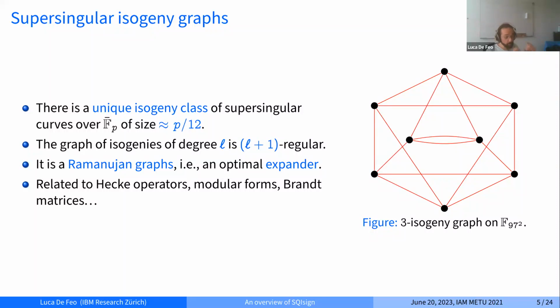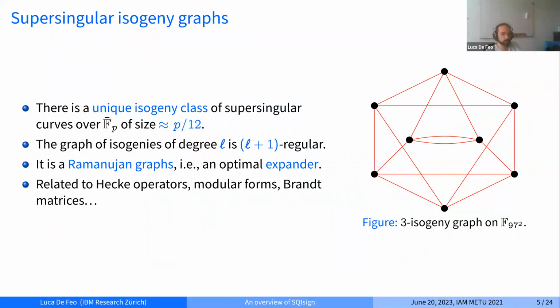And we can even very precisely give formulas for how many steps you need to take in a random walk in this graph to approach the uniform distribution up to a certain distance. So you can really give precise statements, for example, cryptographic statements like indistinguishability of distributions, between the process that picks a supersingular curve uniformly at random, and the process that starts from some vertex and walks randomly: what's the distance between these two distributions?